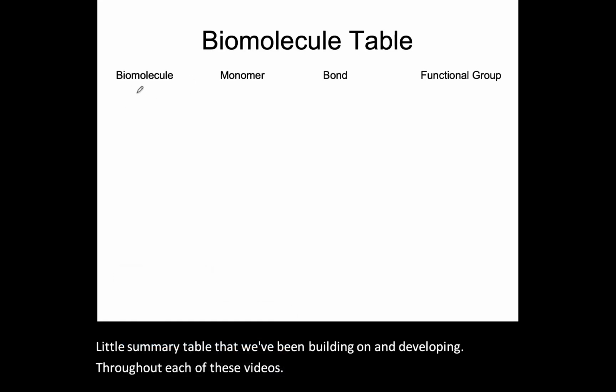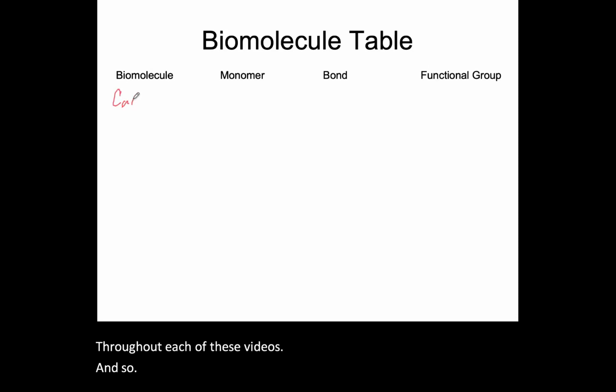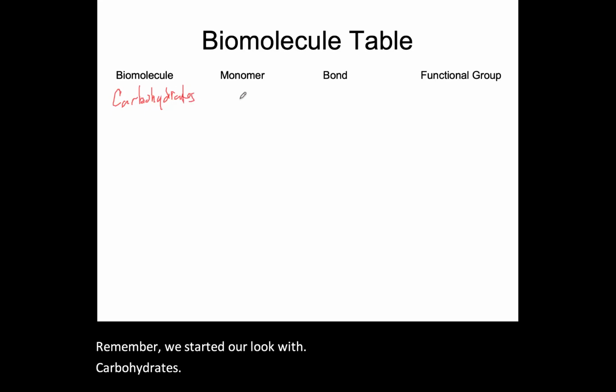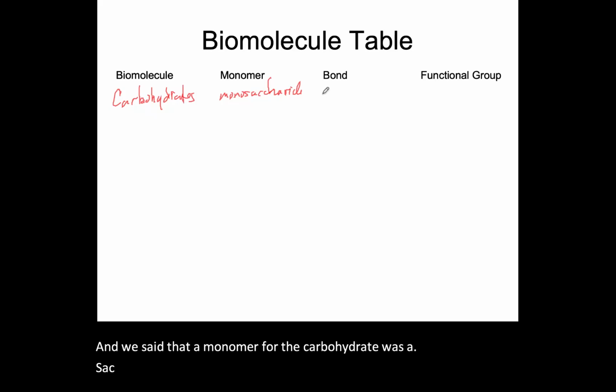And so, remember we started our look with carbohydrates, and we said that a monomer for the carbohydrate was a monosaccharide, and we said that the bond that was formed was a glycosidic bond.